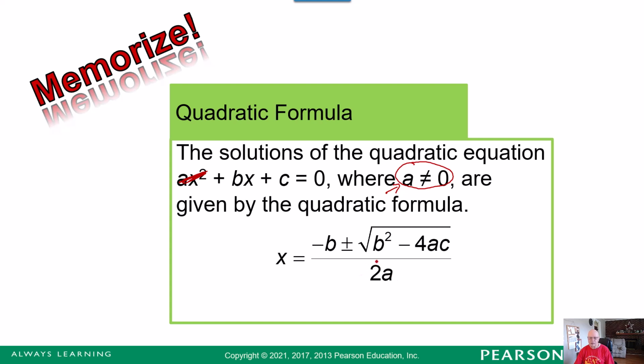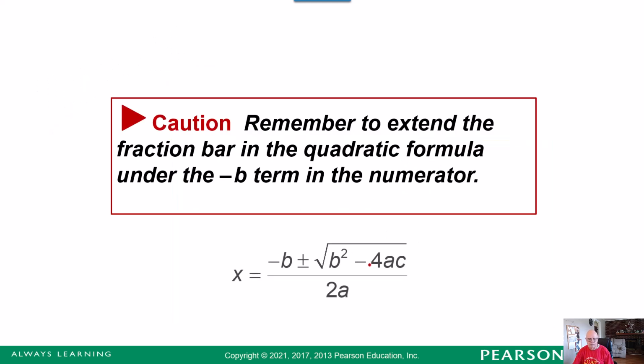So that's another reason. So remember to extend that fraction bar. Make sure it goes the whole way across, not just underneath this part. It has to go the whole way across.